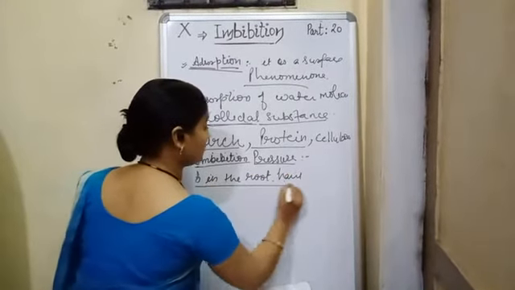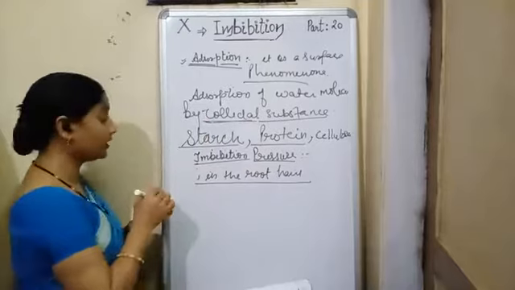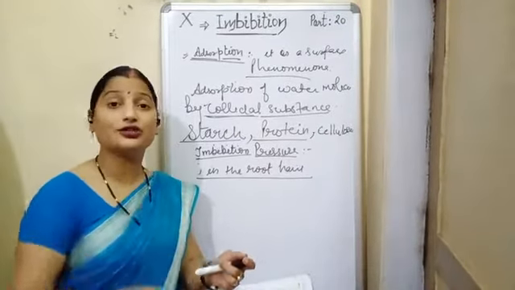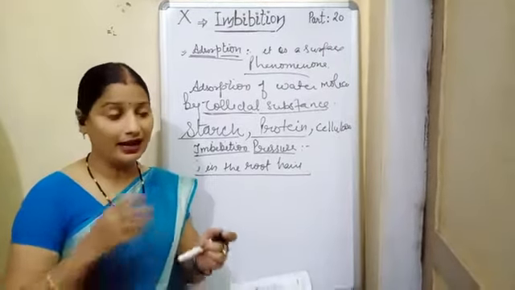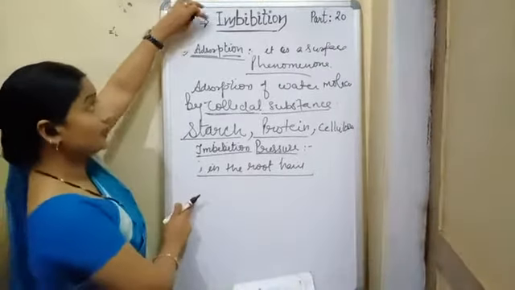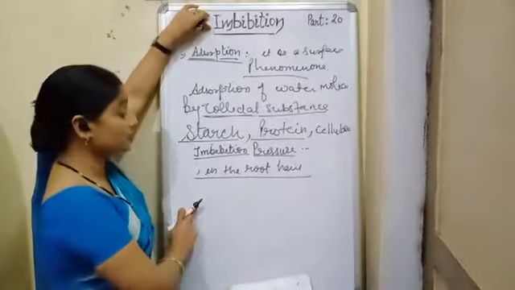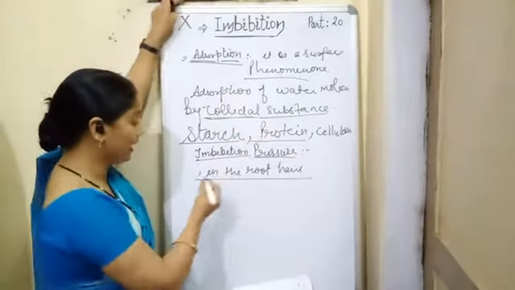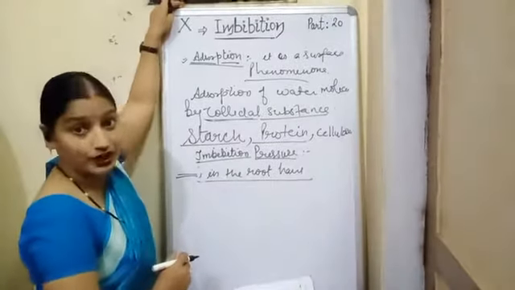So what was our topic? The topic was how the water gets up into the plant, and the answer is imbibition. By the process of imbibition pressure, water moves up into the plant via root hairs.